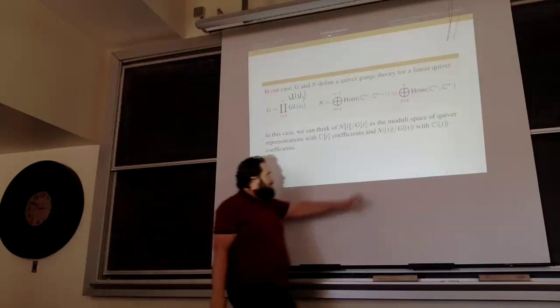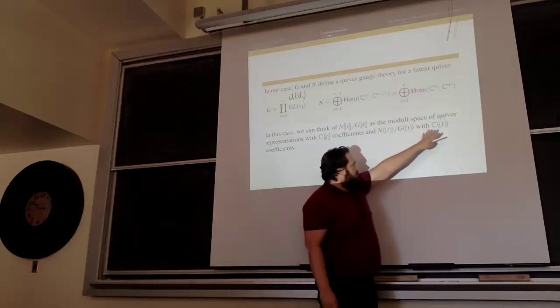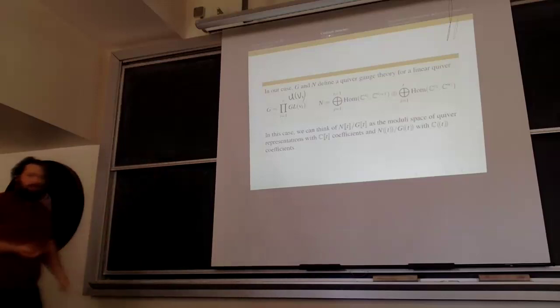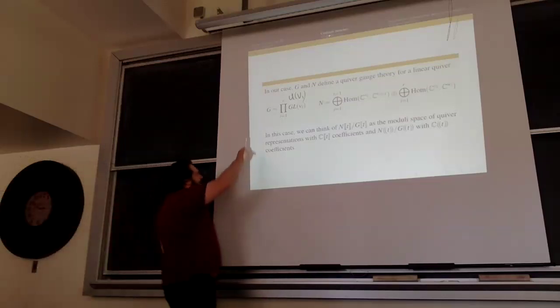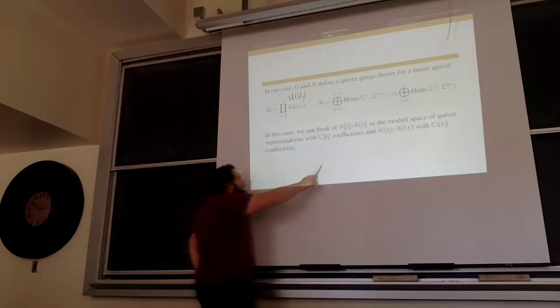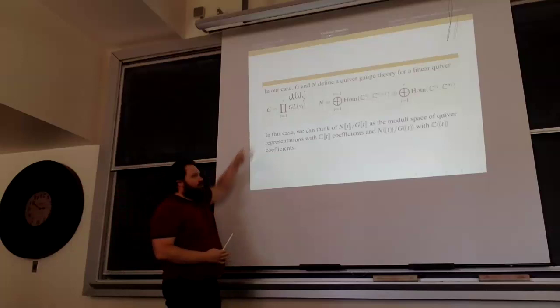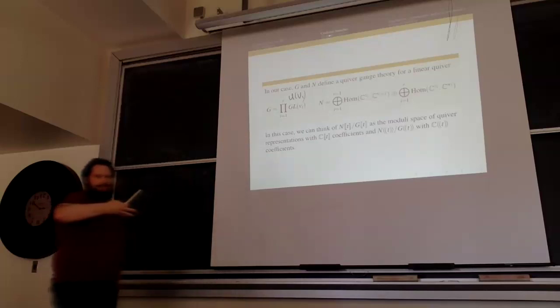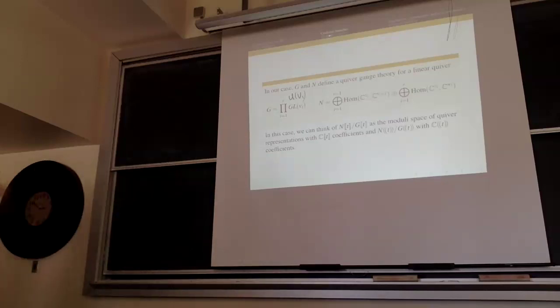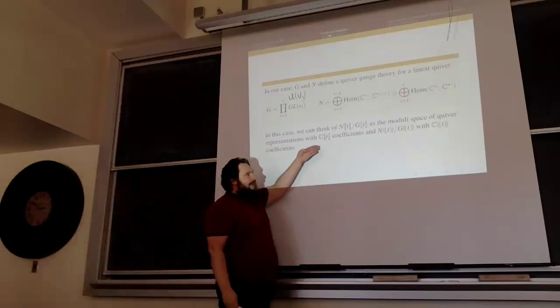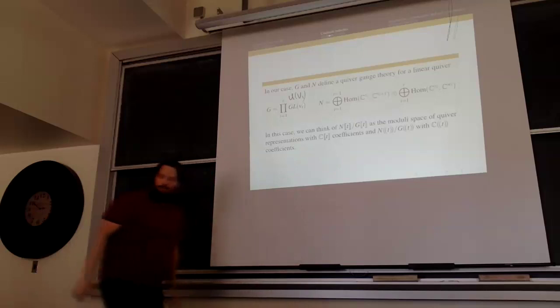And this is the moduli space of quiver representations with values in Laurent series. Right? So the usual way to think about the G action on this space is to think about a point in N as a quiver representation and G as changing basis on it. So finding isomorphic quiver representations. So when we extend scalars, it's just doing that, but with coefficients in Taylor series or Laurent series instead.